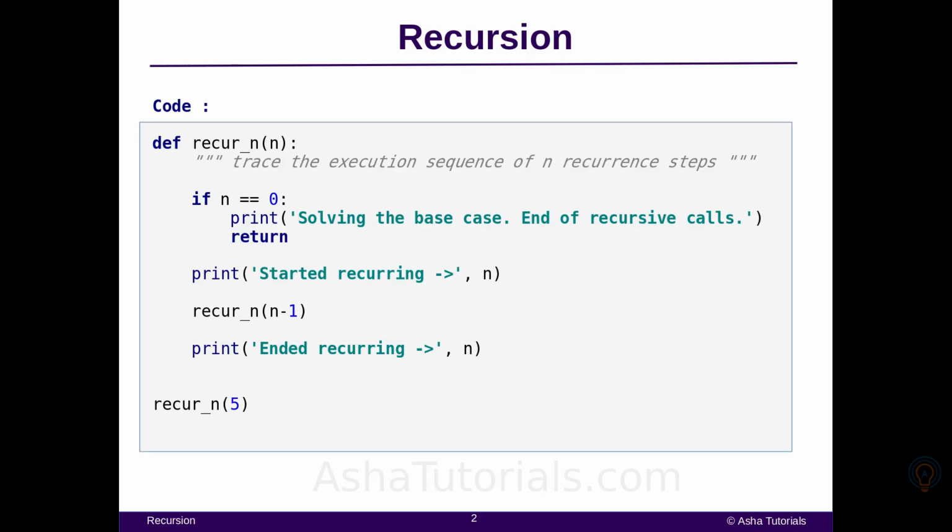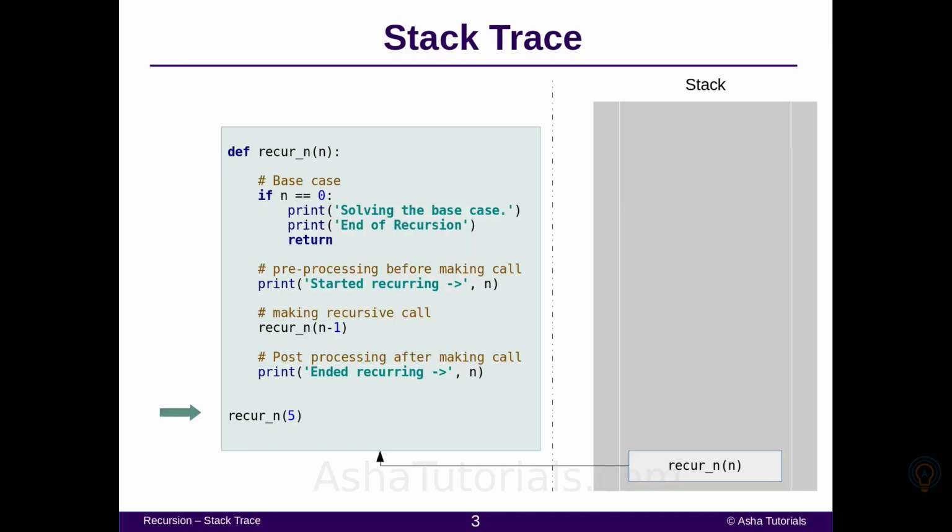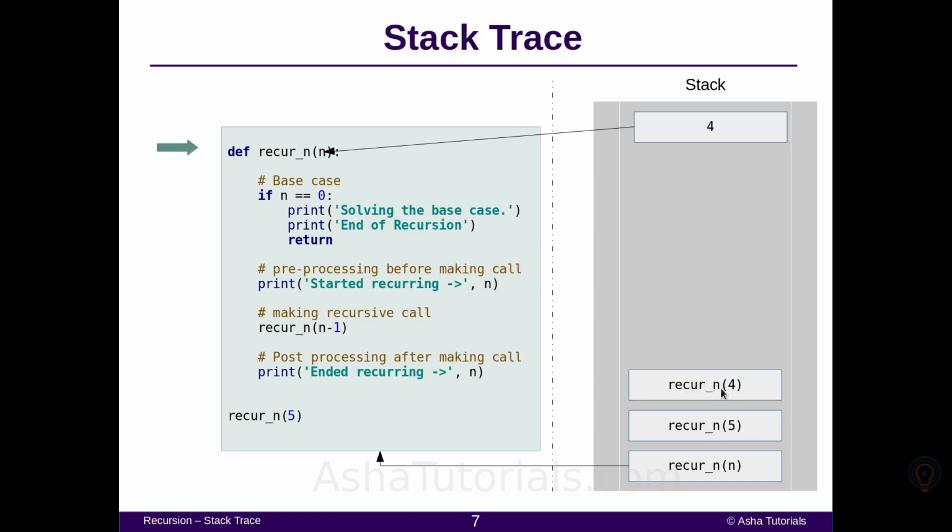Okay, so this is our demo recursive function, and we are calling that function. Initially it is called with value 5. So a function call with value 5 is made. It will check if it is a base case, no, so it will pre-process, then again make a recursive call of n-1, which is 4.